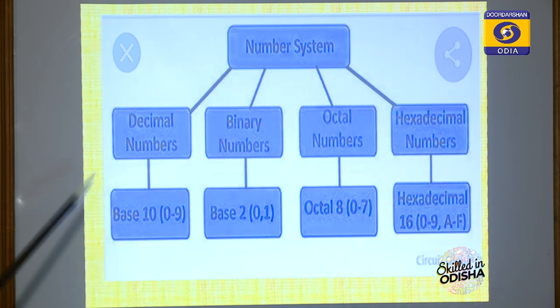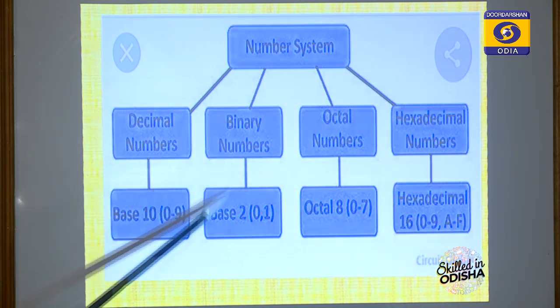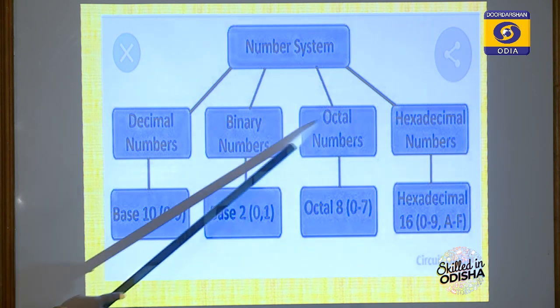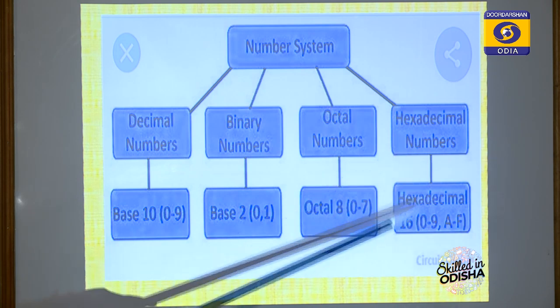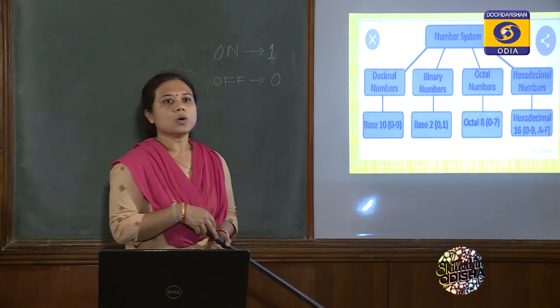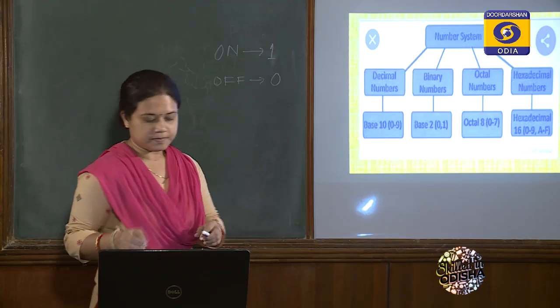For decimal the base is 10, for binary the base is 2, for octal the base is 8 and for hexadecimal the base is 16. So how do we represent all these number systems?